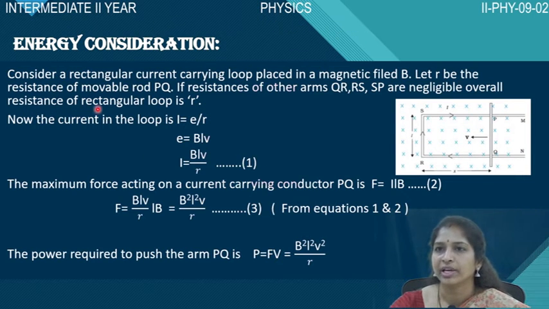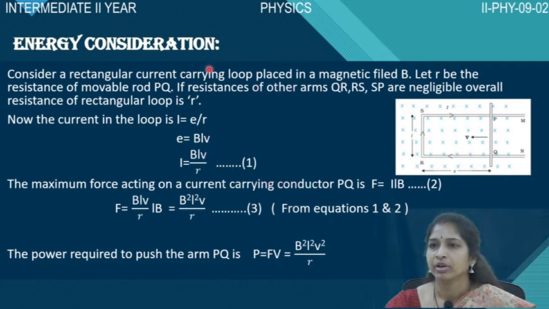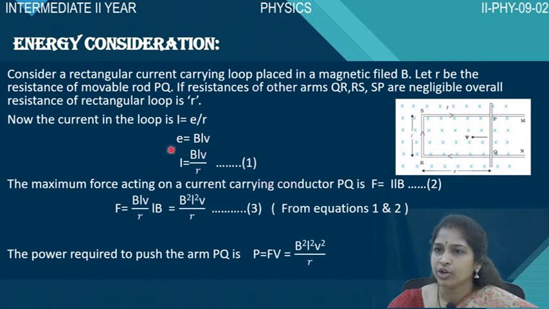And the next topic is energy consideration. Here we know already the induced EMF, motional EMF expression is E equals BLV. So what will happen, how the energy is produced, we are going to discuss in this. The same thing we are considering. Let us consider a rectangular current carrying loop that is placed in the magnetic field.